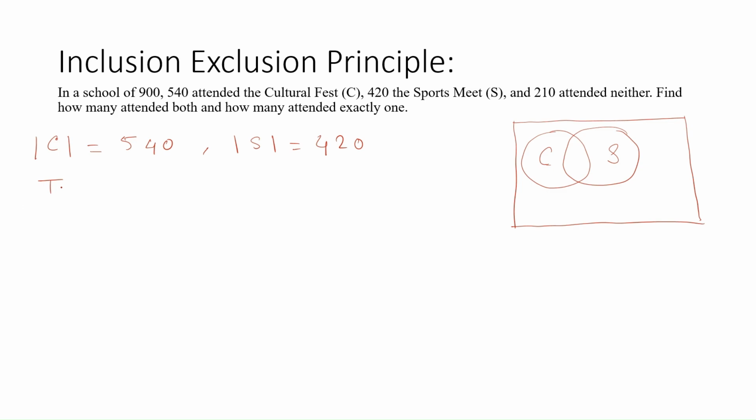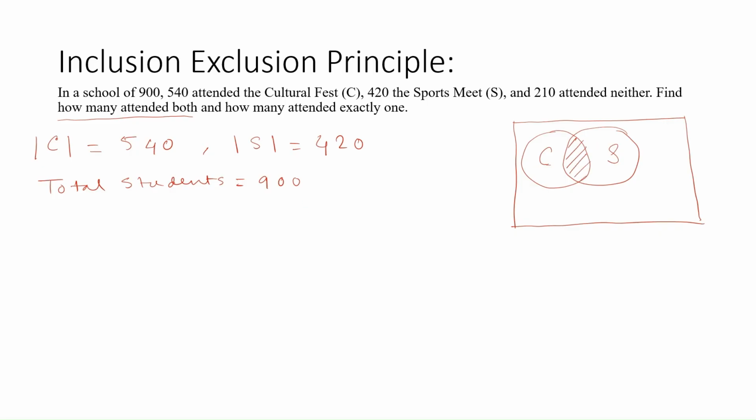Also, total students is 900. Now, for the first problem, that is how many students attended both, we have to find this intersecting region.